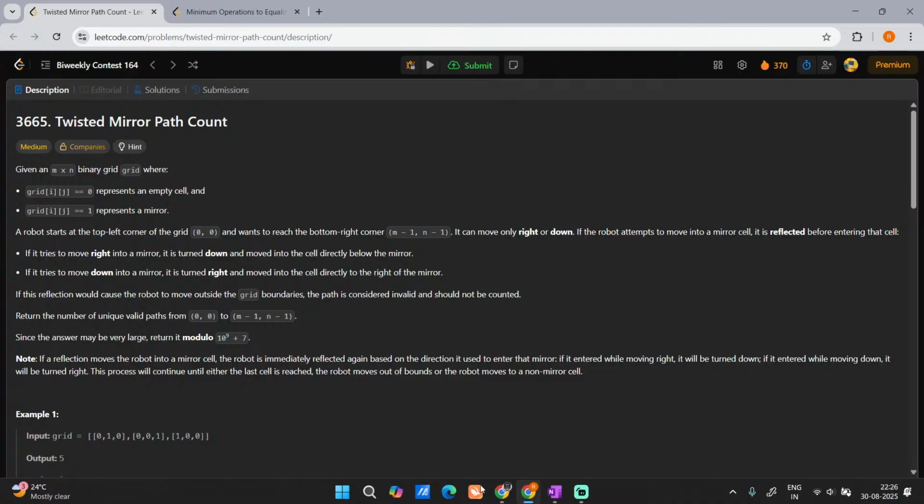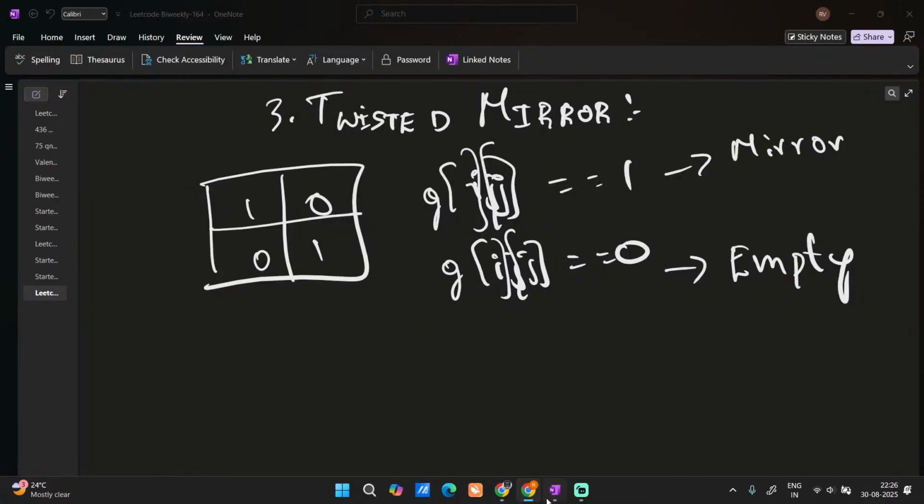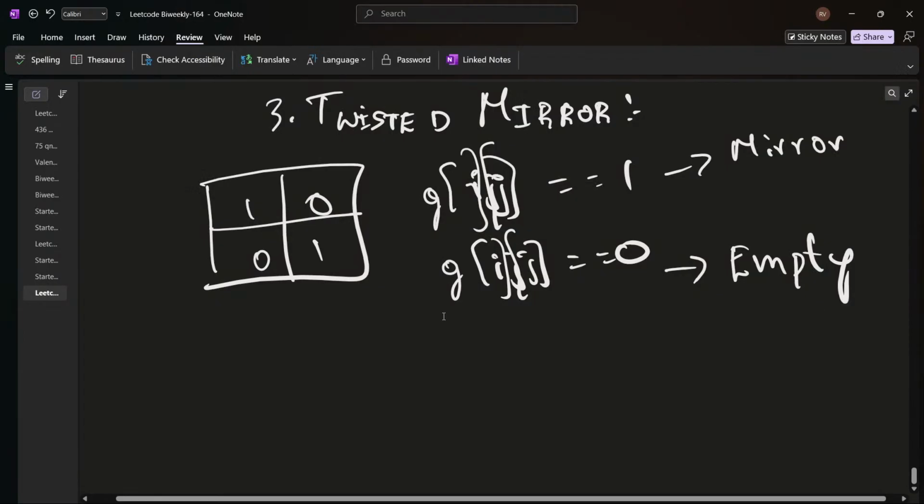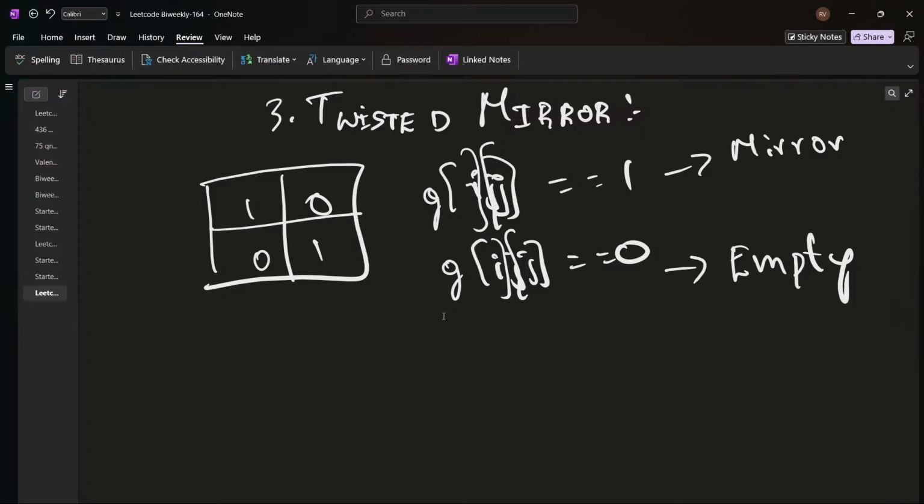So what they say is, what exactly are they saying here? Let me read the question, that part. If it tries to move right into mirror, okay, I'll put one more. I'll put a 3x3 itself.